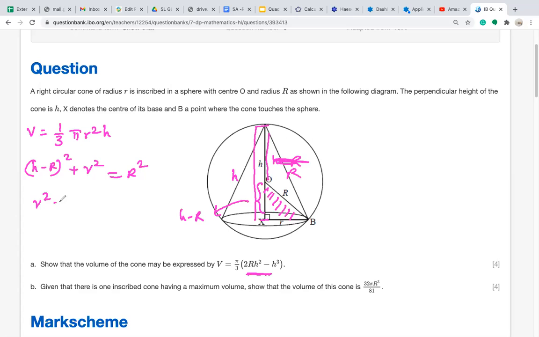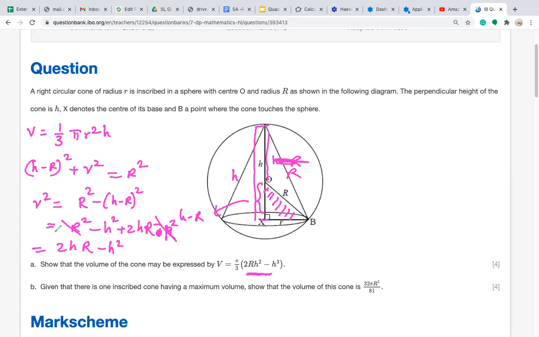So you get small r square is actually R square minus h minus R the whole square. Now if you simplify this, you get R square minus h square plus 2hR minus R square, so this and this get cancelled. So you get 2hR minus h square.